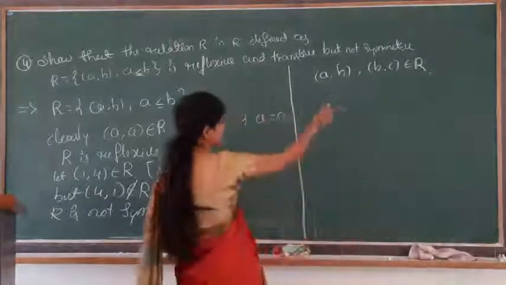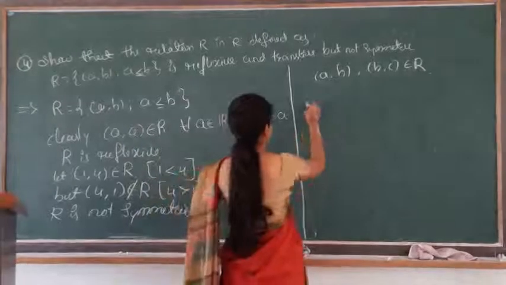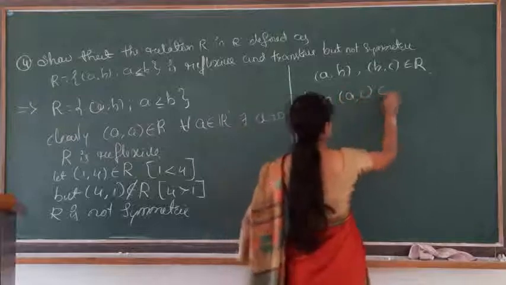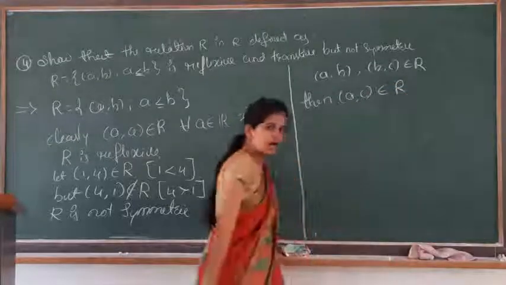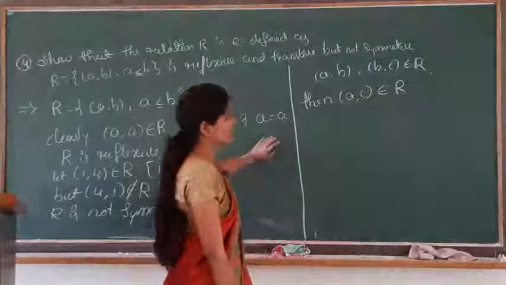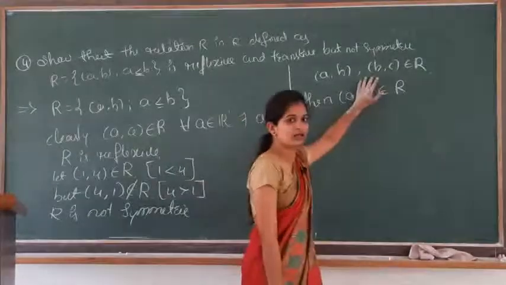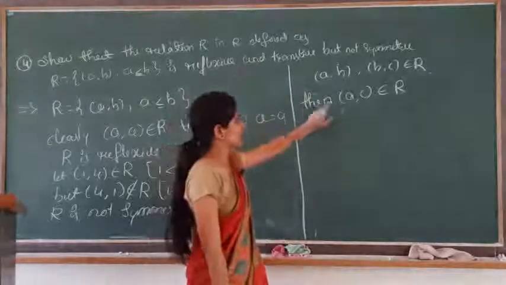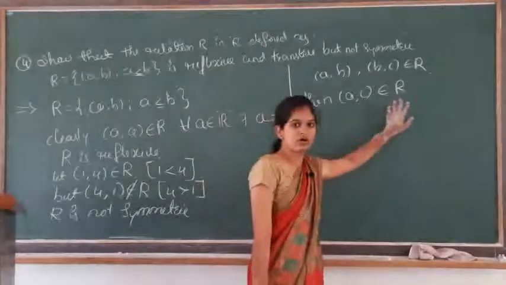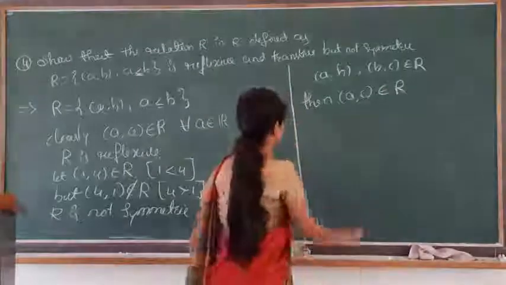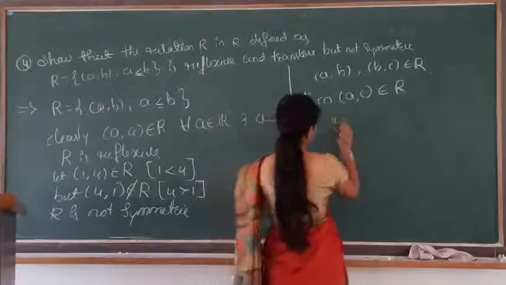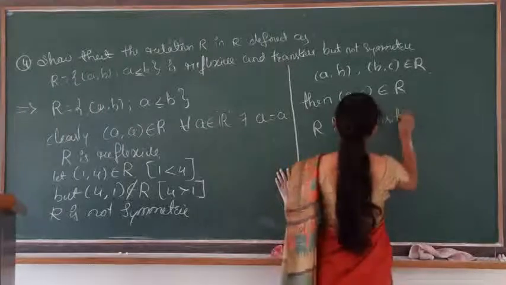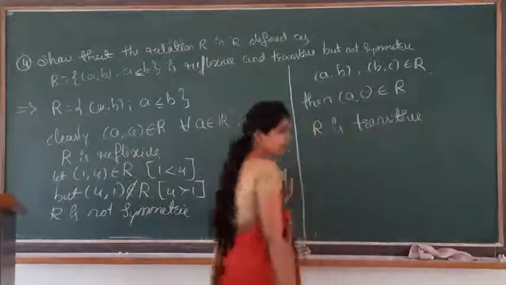If (a, b) and (b, c) belong to R, then (a, c) always belongs to R. Take any such ordered pair from the elements of the real numbers, then (a, c) always belongs to R. That's why R is transitive.